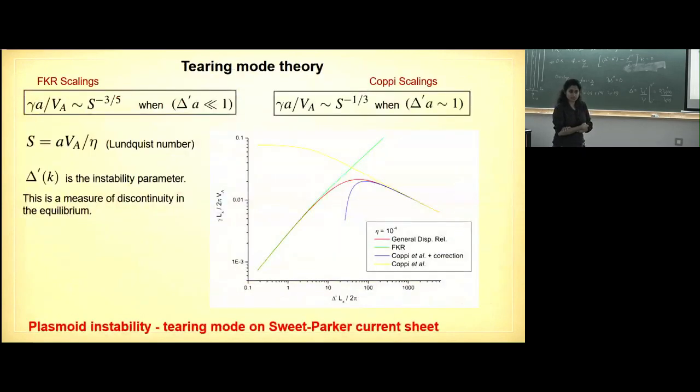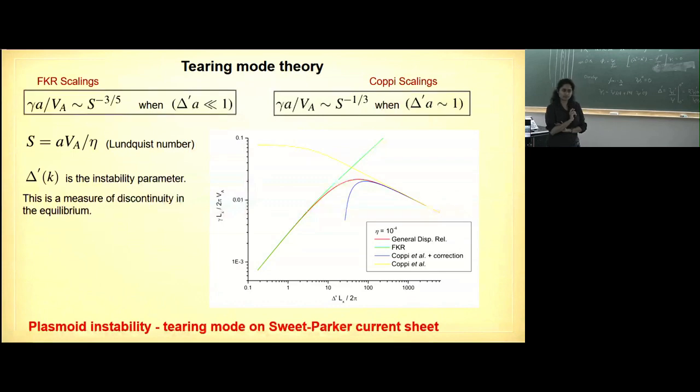Psi was the vector potential. The phi is related to the vorticity. Yeah, the primes were referring to the spatial derivative of the equilibrium.